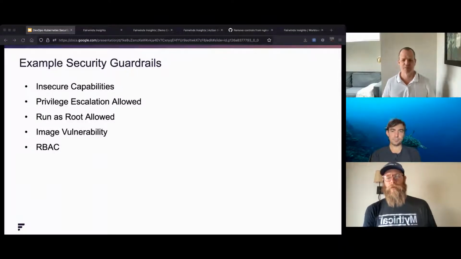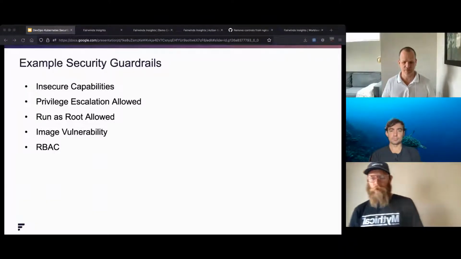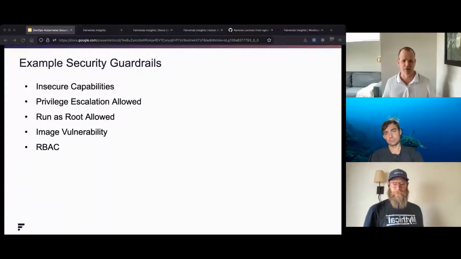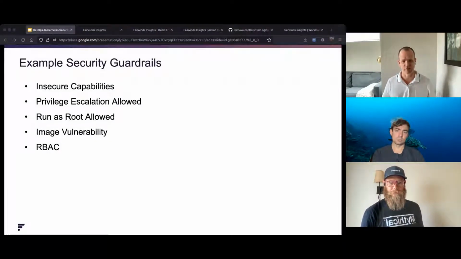Okay, run as root allowed. How's that different from what we just talked about? Yeah, so these are all somewhat related. If you're listening to us thinking these sound like they all kind of connect together, they do. So running as root allowed allows the container to literally run as the root user, or alternatively to specify that it shouldn't do so.